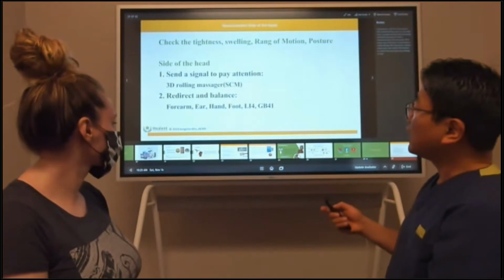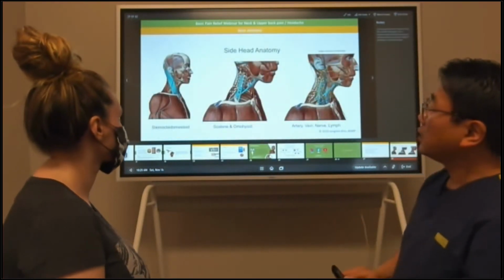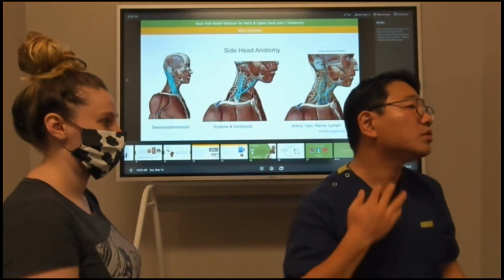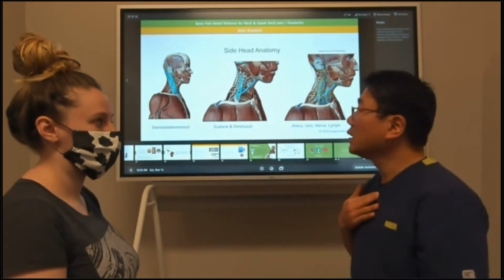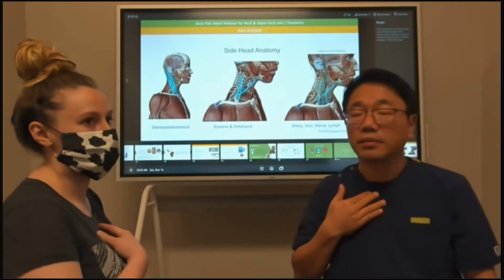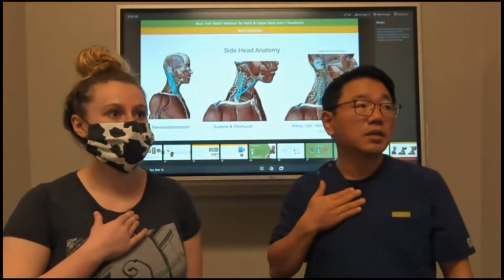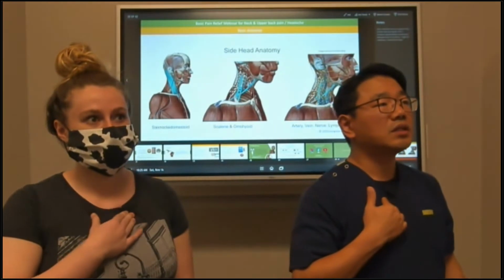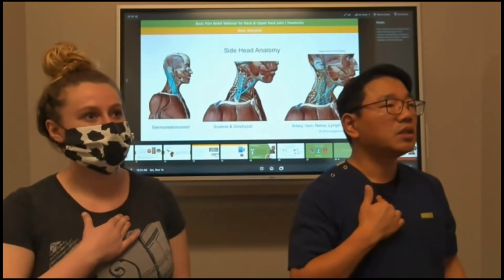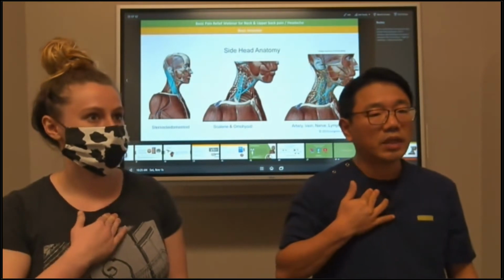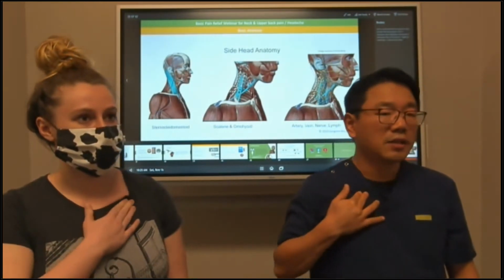So side, and there is some SCM muscle right here to this side. So you can do the massager. You can face this way. Massage. There is SCM muscle, the attachment here and here. You can do the SCM massage.